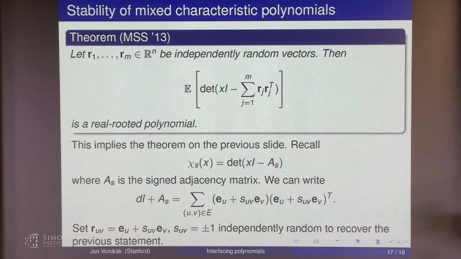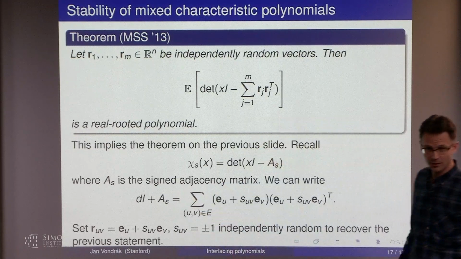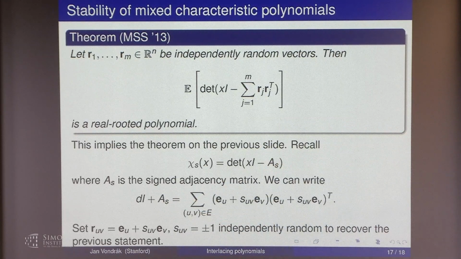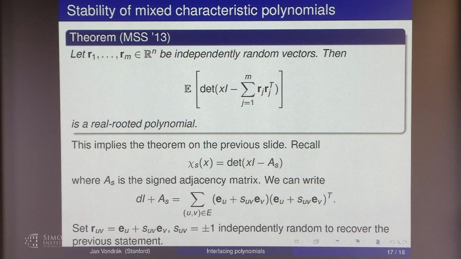So this will create exactly the 4-tuple of entries, +1, -1, -1, +1, or depending on what the sign of that edge was, you will produce that 2 by 2 matrix that you want, and if you add them up over all edges, that's exactly the matrix that we want. So dI plus A_s can be expressed in this form. So the choices here are just plus or minus 1 independently and 50-50.